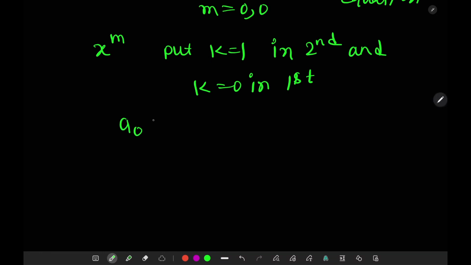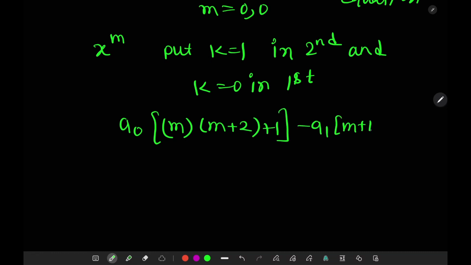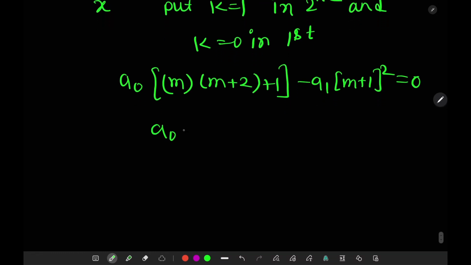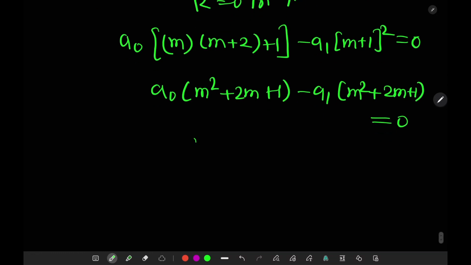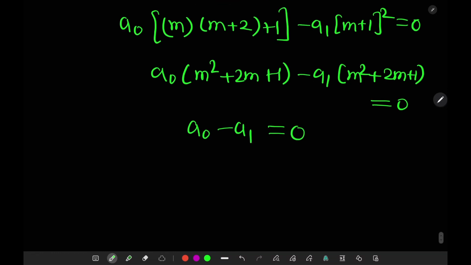Now the summation becomes, now solving this equation, a naught minus a1 equal to 0, taking common both, so we can say a naught minus a1 equal to 0.